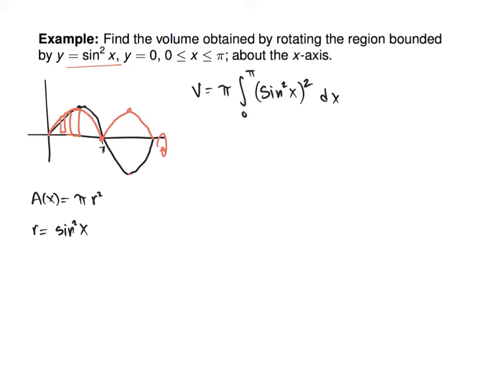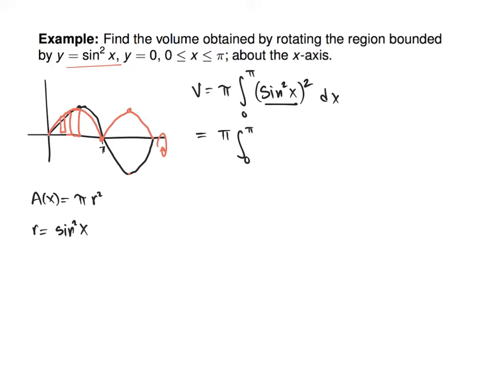And other than the presence of the 0 and the pi out in front, you did stuff like that in the last chapter, didn't you? When you have even powers, what identity do you have to use? The half angles, exactly. So that's pi integral 0 to pi.